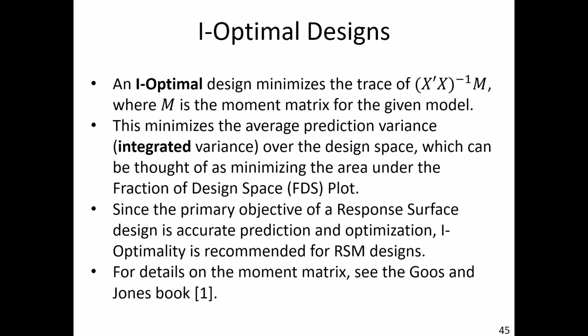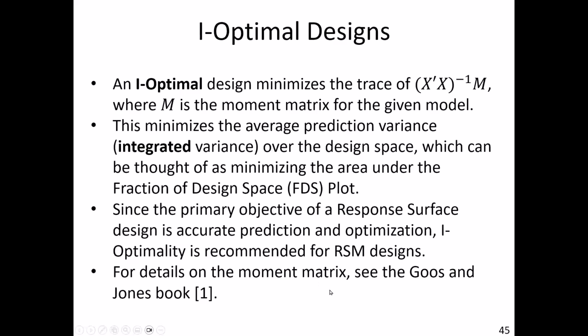So now let's switch over to I-optimal. An I-optimal design minimizes the average prediction variance, or the integrated variance over the design space, which can be thought of as minimizing the area under the fraction of design space plot. And since the primary objective of a response surface design is accurate prediction and optimization, I-optimality is recommended for RSM designs.